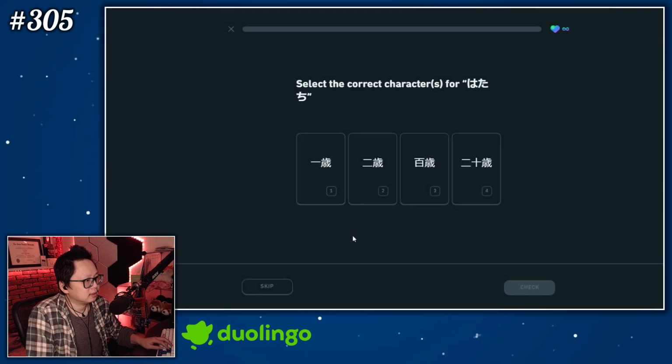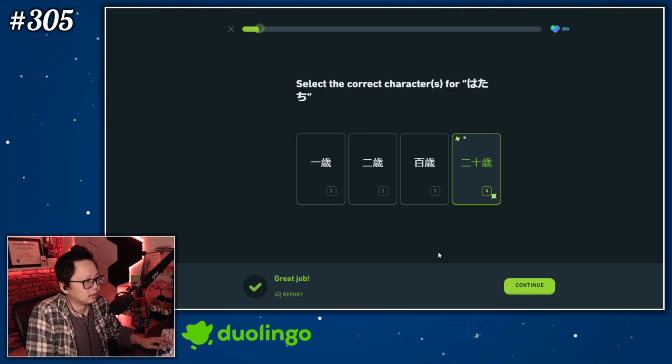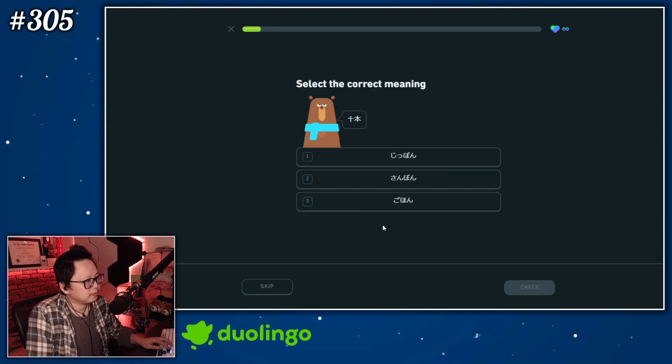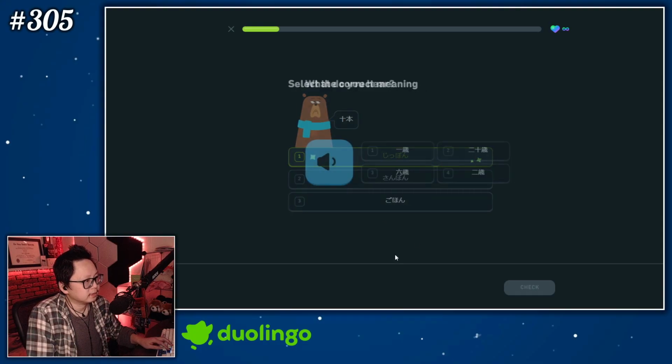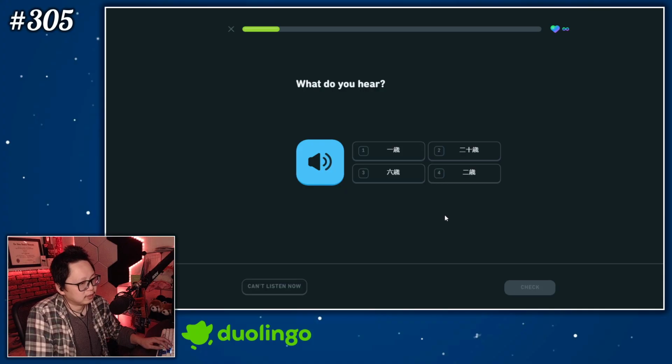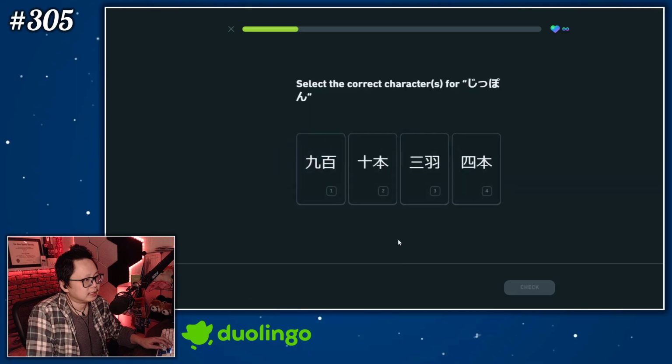20歳. 20歳ね. This is 20歳. Oh no, now we're hitting all the different reads and special reads that they don't account for or have problems with. 20歳. Okay.